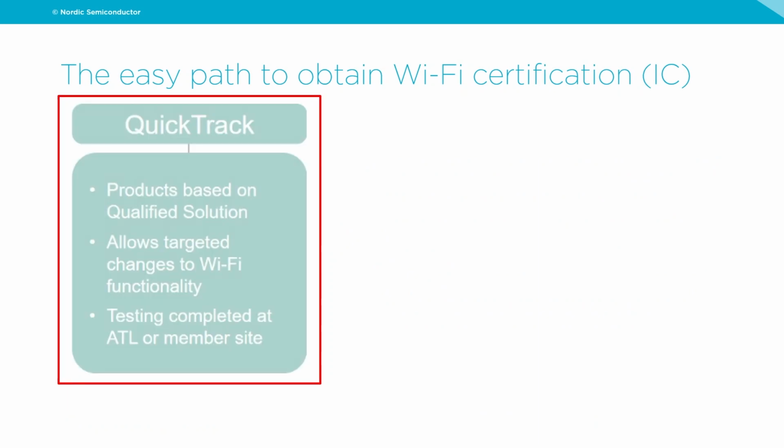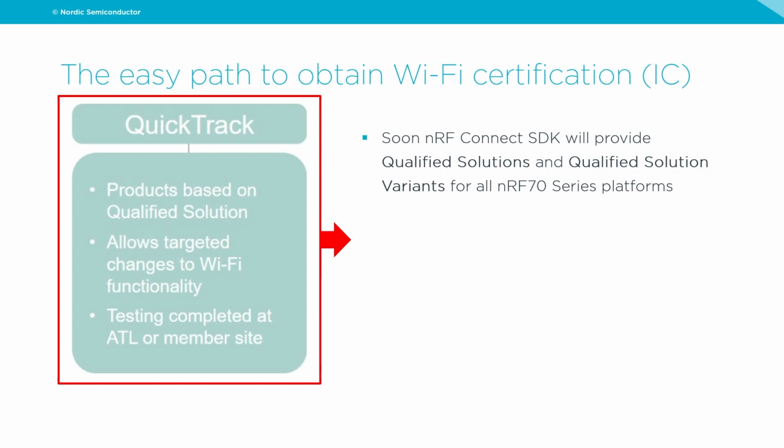If you plan to build a custom board around an nRF70 Series integrated circuit, Quick Track path is the fastest path to obtain a Wi-Fi certification. Soon, nRF Connect SDK will provide qualified solutions and qualified solution variants for all nRF70 Series platforms.